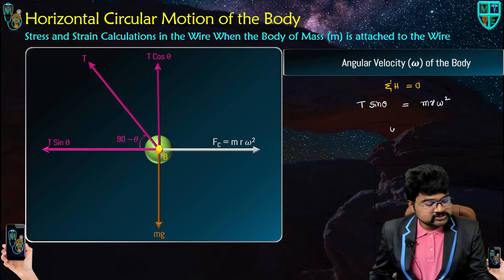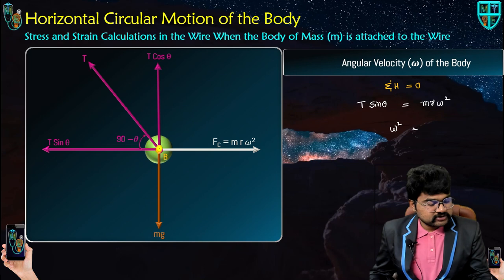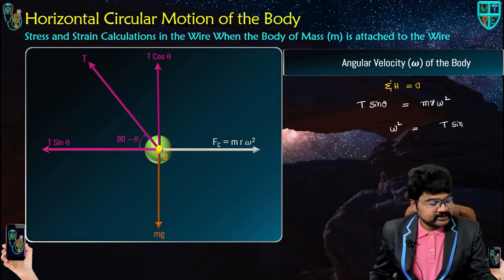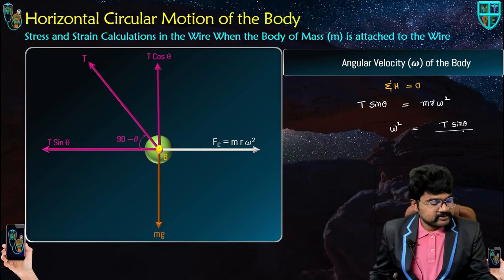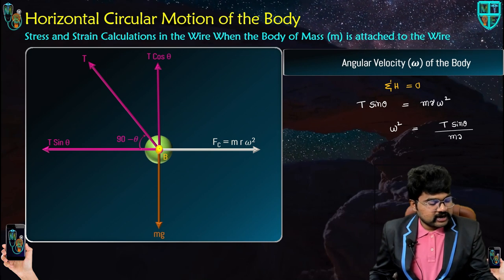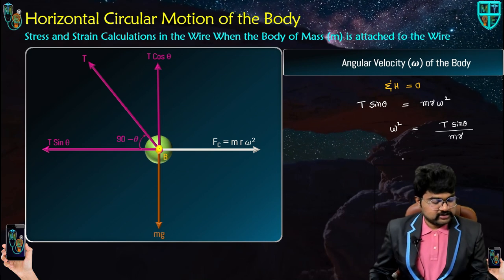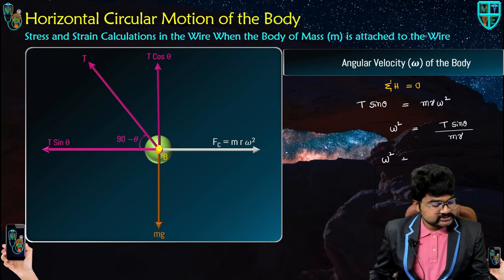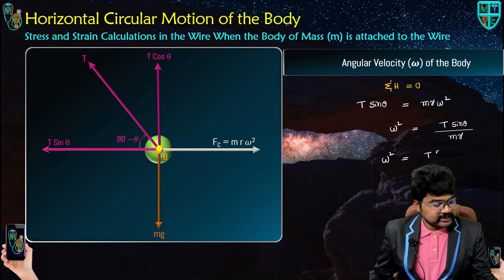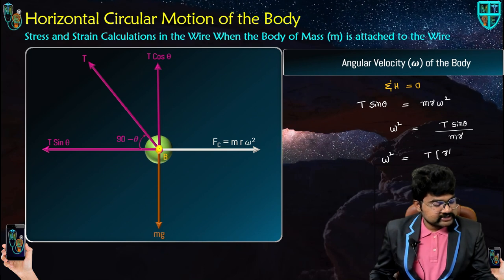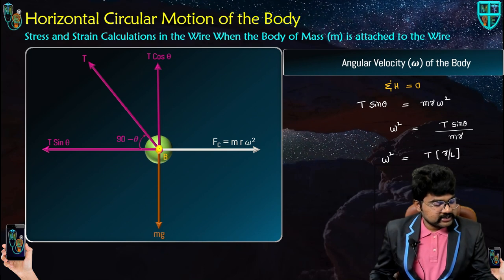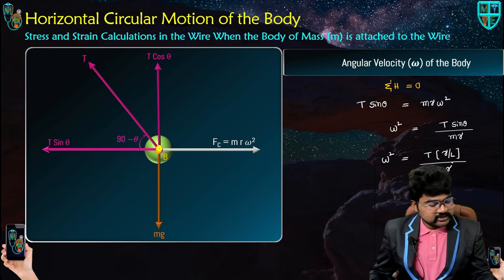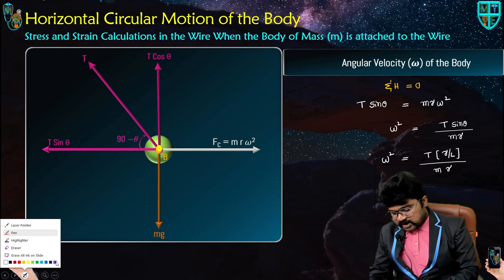What is omega square here? Omega square equals T sin theta by m times r. We already know that sin theta equals r by L, so sin theta by m times r is r by L by m times r. Here you can cancel these two r's.